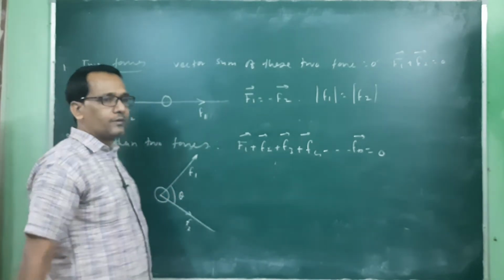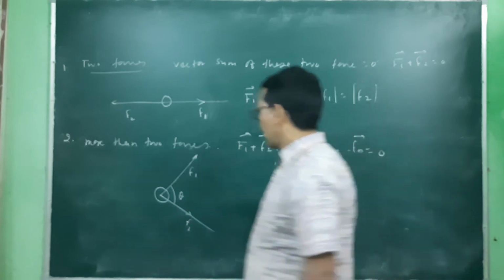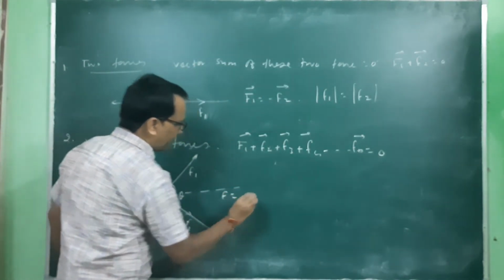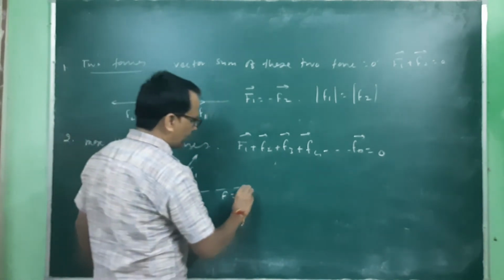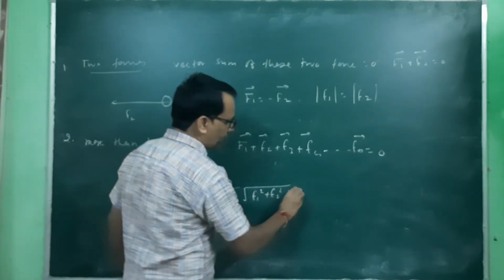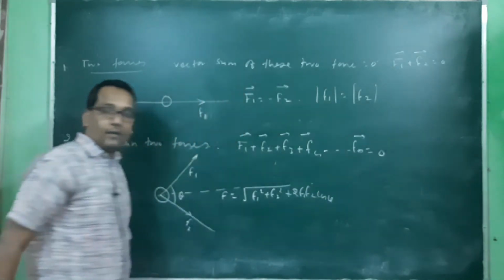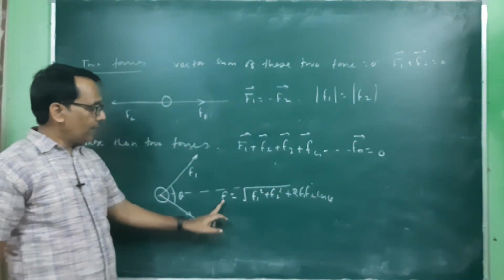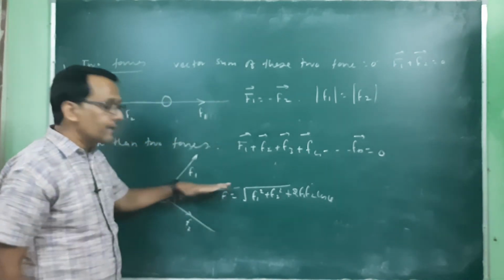If two forces are applied in different directions, the resultant of these forces, F, is equal to root of F1 square plus F2 square plus 2F1F2 cos theta. That is the vector sum, the resultant, and it will be toward this.